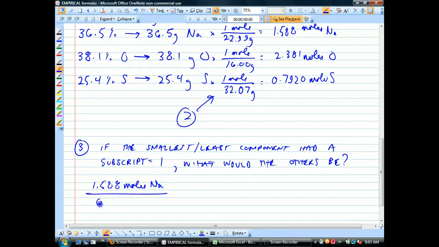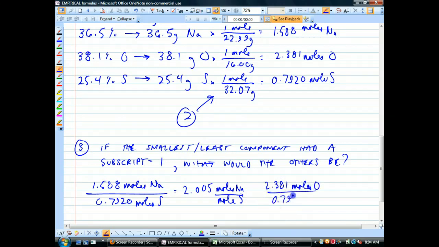I'm going to divide by 0.7920 moles sulfur. 1.588 divided by 0.792 gives me 2.005. That looks nice. And that is moles of sodium per mole of sulfur. I'm going to do the same thing with oxygen. 2.381 moles O over 0.7920 moles sulfur.